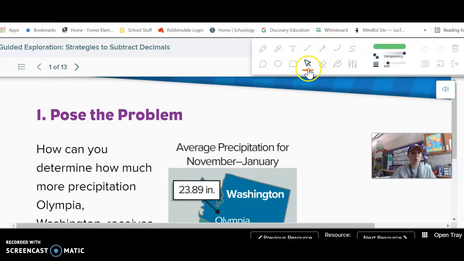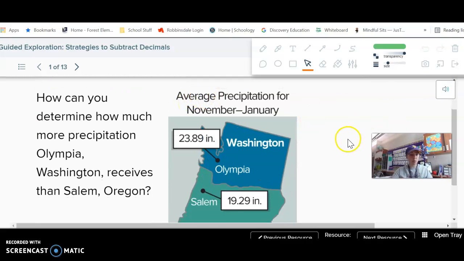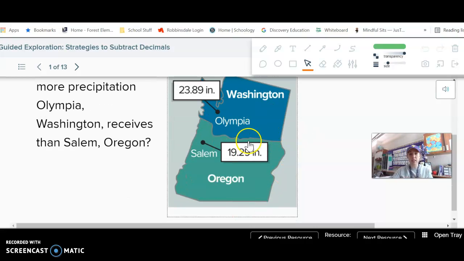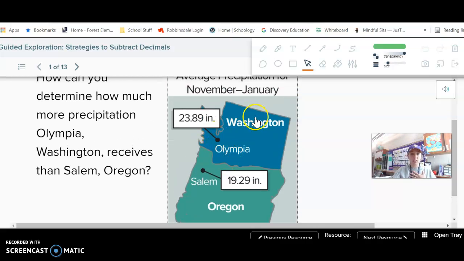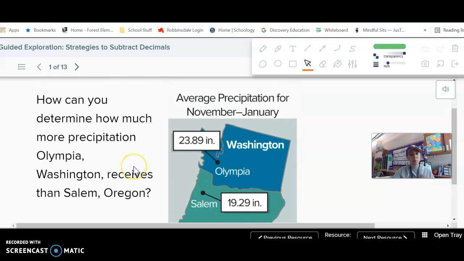All right. Problem for this one is, how can you determine how much more precipitation Olympia, Washington receives than Salem, Oregon? So these are states out on the west coast of the United States. Olympia is a city in the state of Washington. Salem is a city in the state of Oregon. So comparing how much precipitation, so snow and rain and other things like that. 23 and 89 hundredths inches versus 19 and 29 hundredths inches.